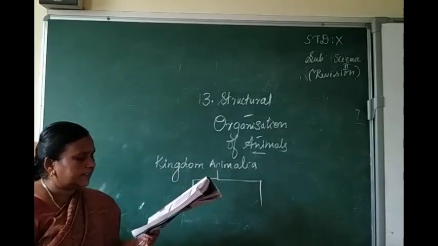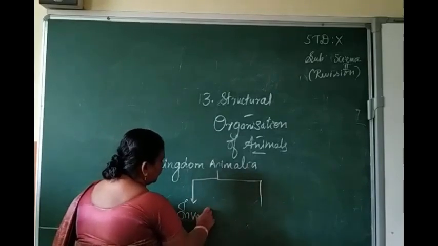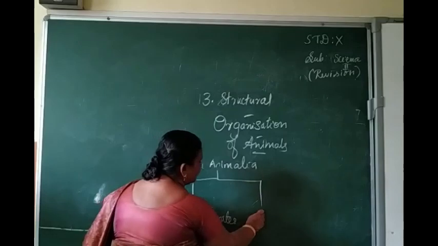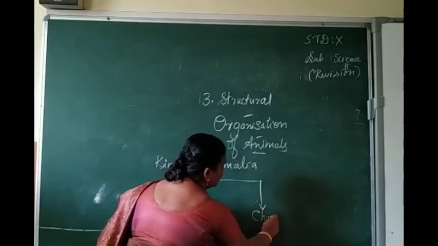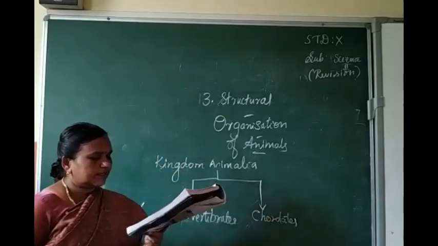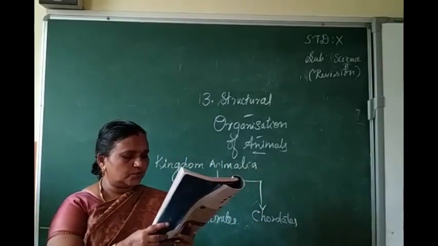First group invertebrates and the second one is the chordates. Totally 2 groups are there, invertebrates and the chordates.